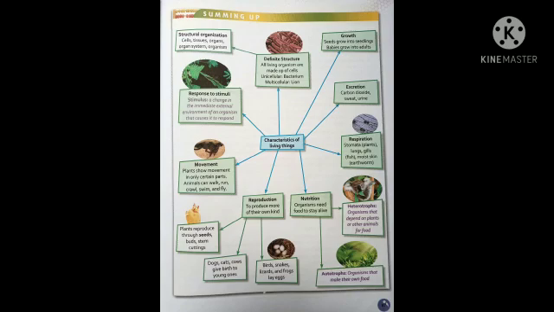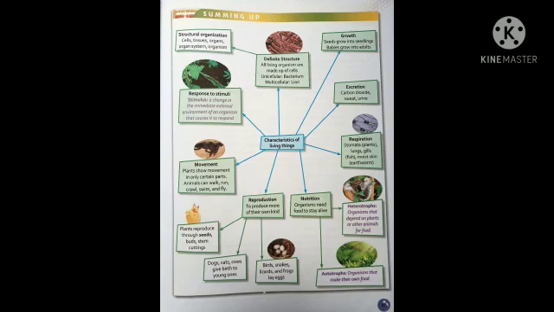Now, students, nutrients. Organisms need food to stay alive. Now, organisms that depend on plants or other animals for food, or they do not cook or make their own food, are called heterotrophs, while organisms that make their own food are called autotrophs.